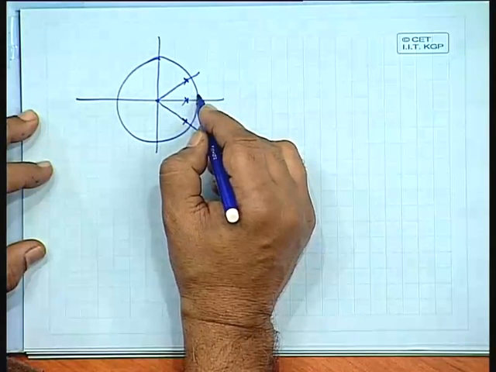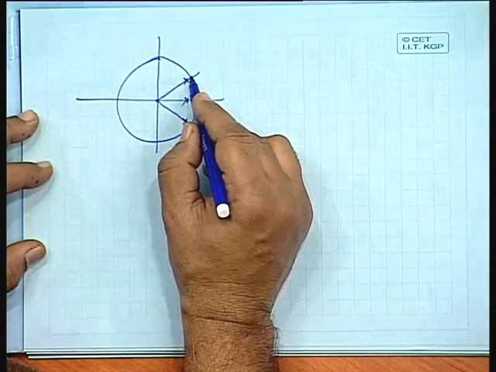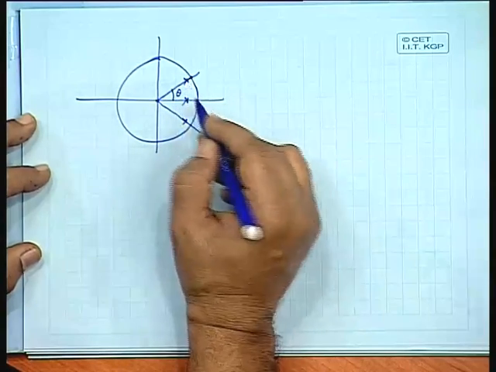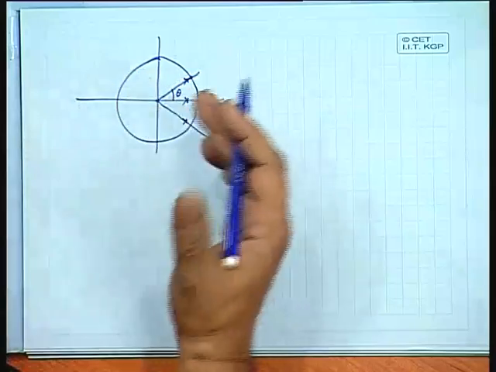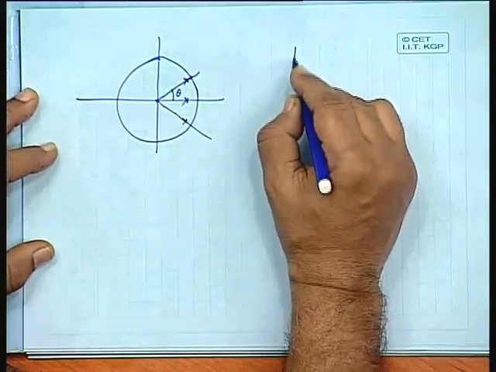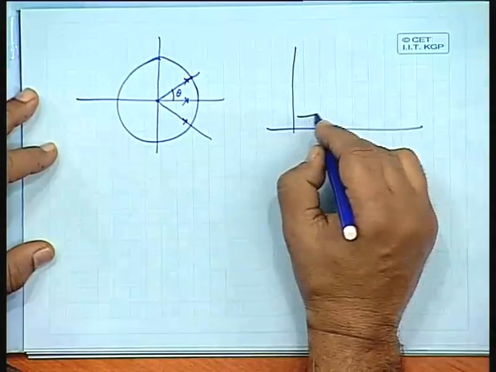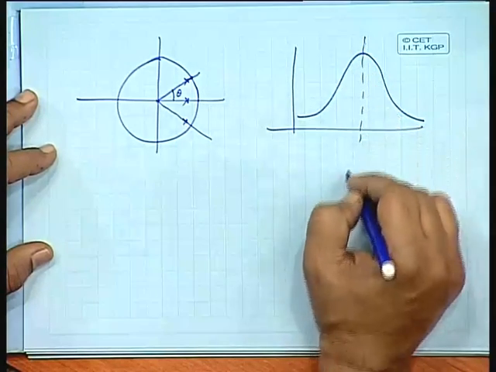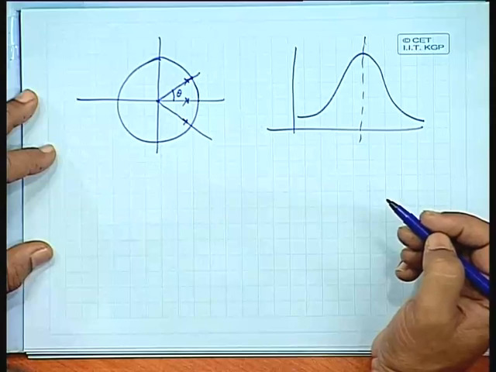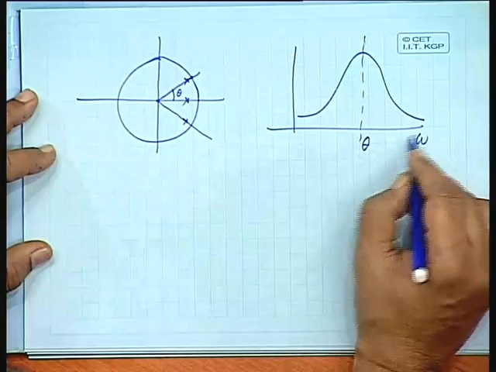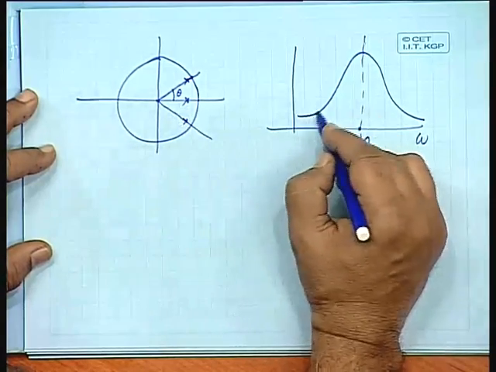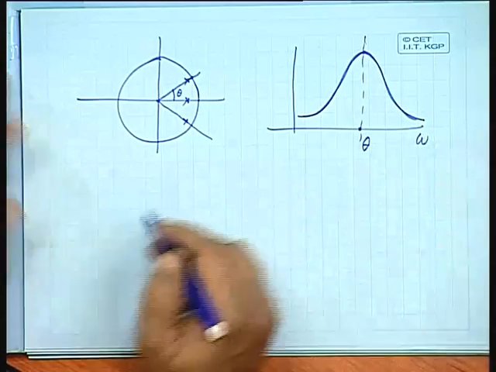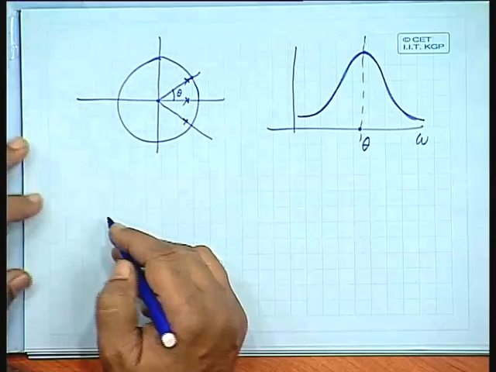As we keep on changing the frequency, somewhere around this point, when it is equal to θ, the distance is minimum, that means the function becomes maximum. So, it becomes a function like this, just the reverse of the situation you had in the case of zeros. When ω is exactly equal to θ, we get a function like this.